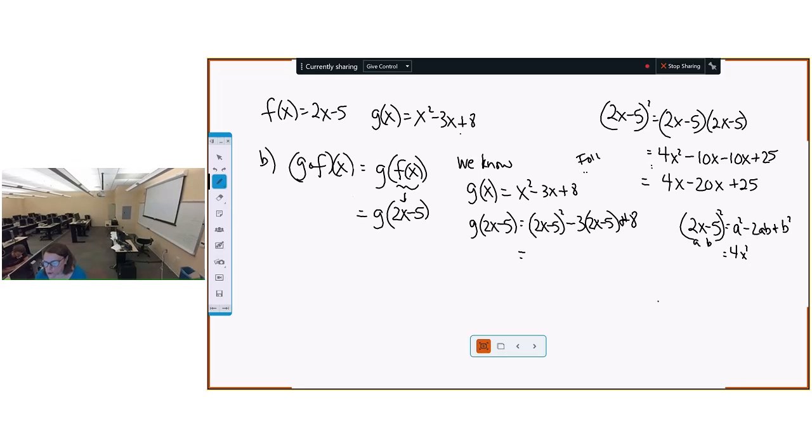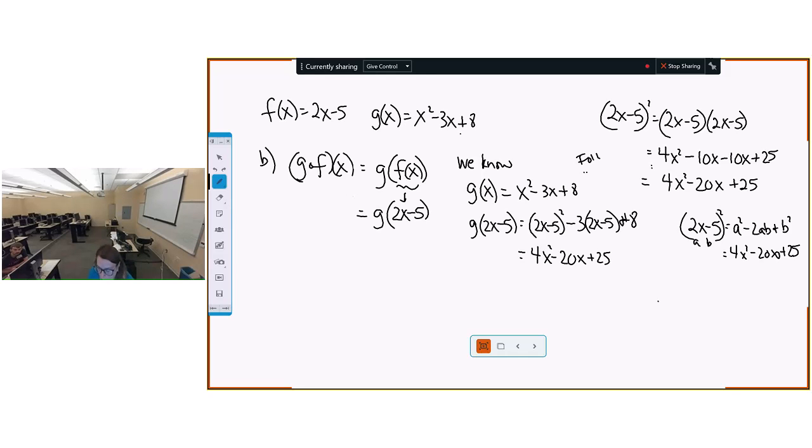Then you would multiply the two terms together and double it. So 2x times a negative 5 is a negative 10x. Double it is a negative 20x. And then take b squared, that's a negative 5 times a negative 5, which is plus 25. So that's just good to know. All right, back to the problem. So we know that 2x minus 5 squared gives us 4x squared minus 20x plus 25.